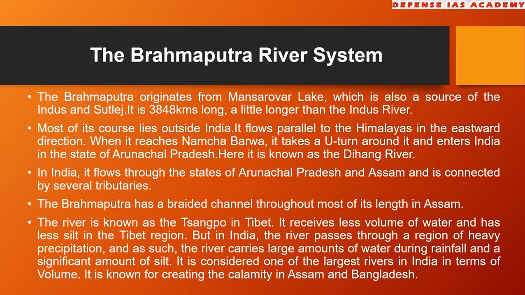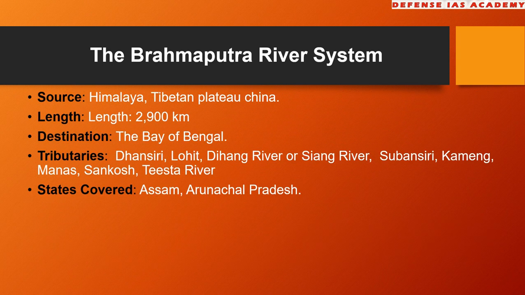So, things to remember: it is the largest river in India in terms of volume, it has a total length of 3,848 kilometers, it is longer than the Indus river, and it originates from the Manasarovar lake.